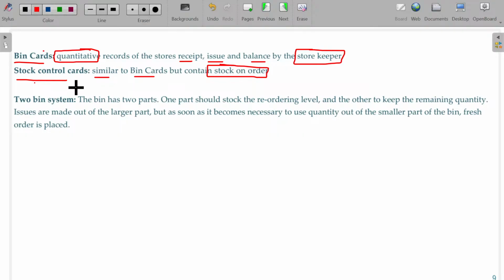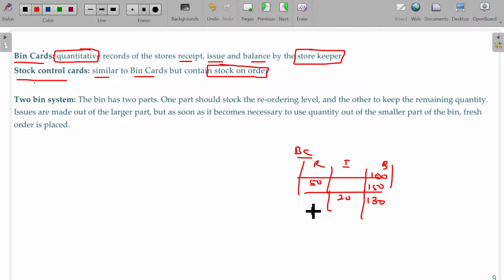See, once you order, the goods get delivered after a week's period, right? In bin card, you have three columns: receipts, issues, balance. You have 100 units in the beginning, purchased another 50, then you have 150 units, 20 units issued, then it will have 130. Is that clear?